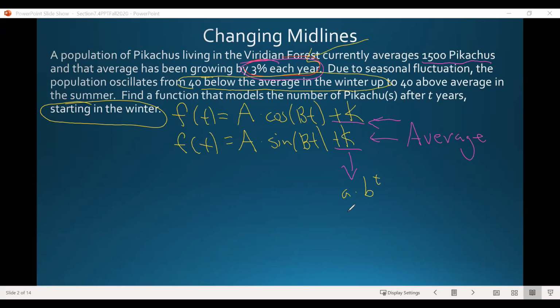And if we're starting off the midline, well, we know that tells us we're doing a cosine function, right? Because cosine functions start off the midline. So we're using a function of the form f of t equals a times cosine of bt plus, and then again, instead of k, we're going to have a times b to the t.